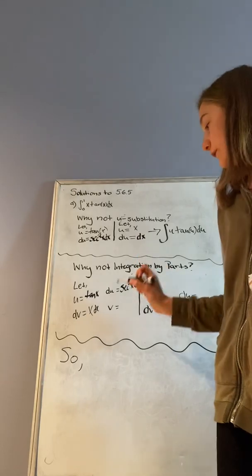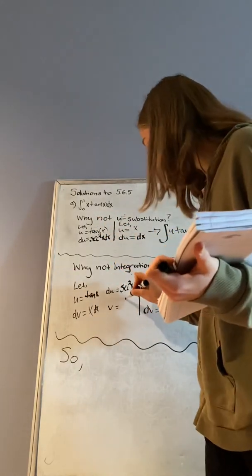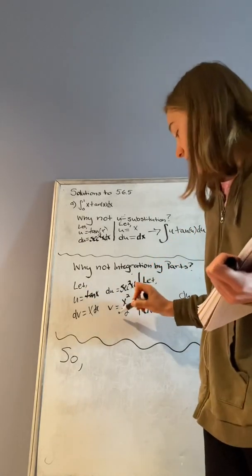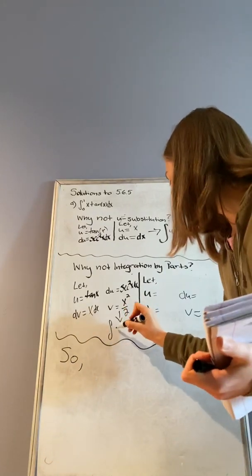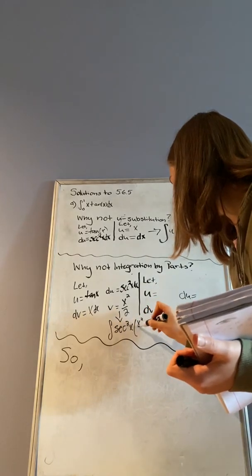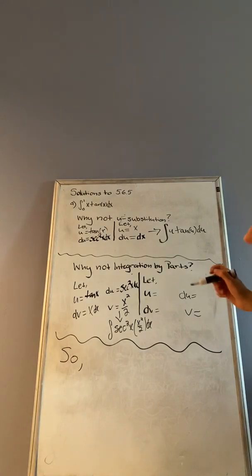And you would have v equaling x squared over 2. Well, that definitely makes it no simpler because then you would have to solve the integral secant squared x times x squared over 2 dx. That's definitely not any simpler.